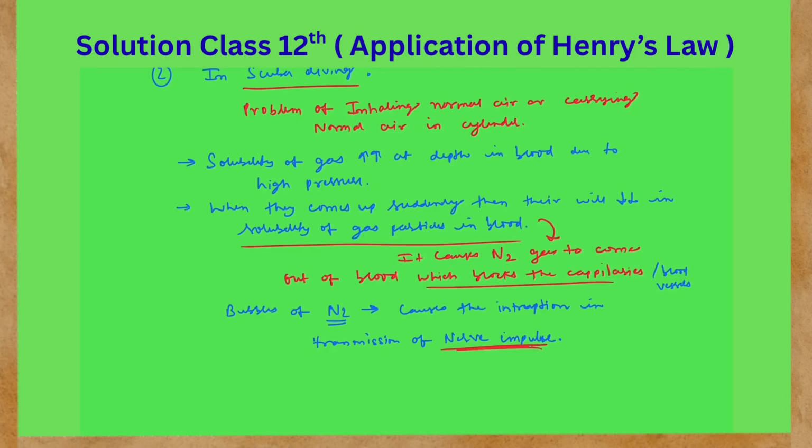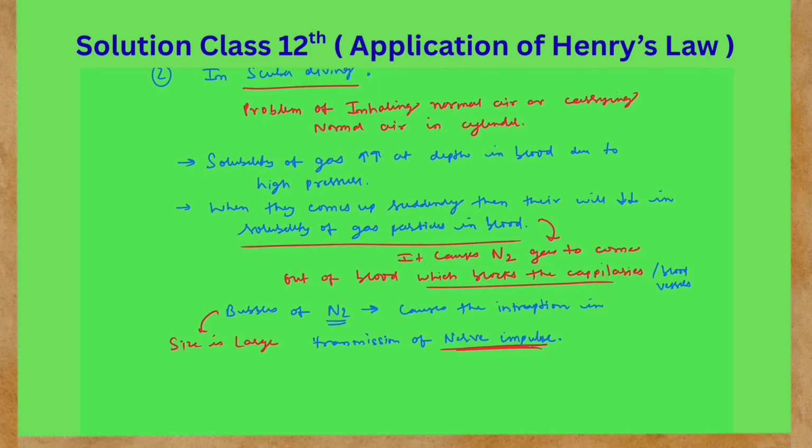So what is the problem? The problem is not the high solubility of gas when the diver goes down. But the problem arises when he goes up suddenly, so the solubility of N2 gas suddenly decreases, and N2 bubbles come out of the blood vessels, which causes blockage of various parts of the body just because of the size of N2, which is very large.